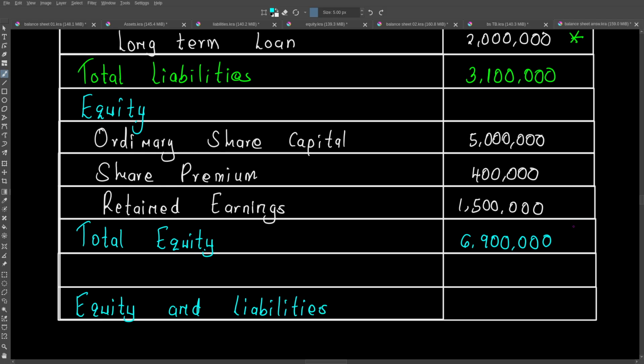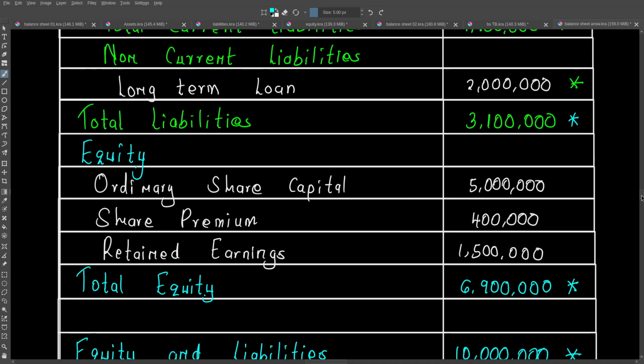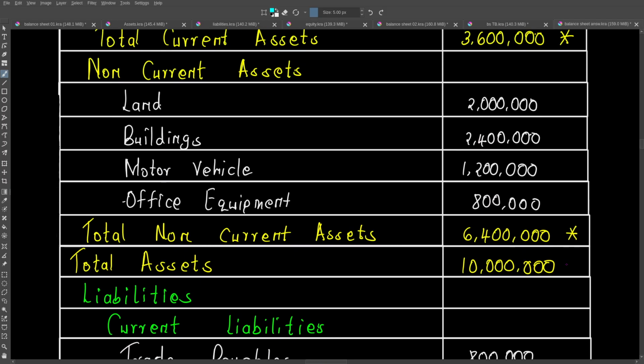We have equity of 6.9 million and liabilities of 3.1 million. When we take 9 plus 1, 0 carry 1, that is 10 million. So our total of equity and liabilities is 10 million, and compared with our total assets, that is 10 million as well. So that's how you know your balance sheet is correct.